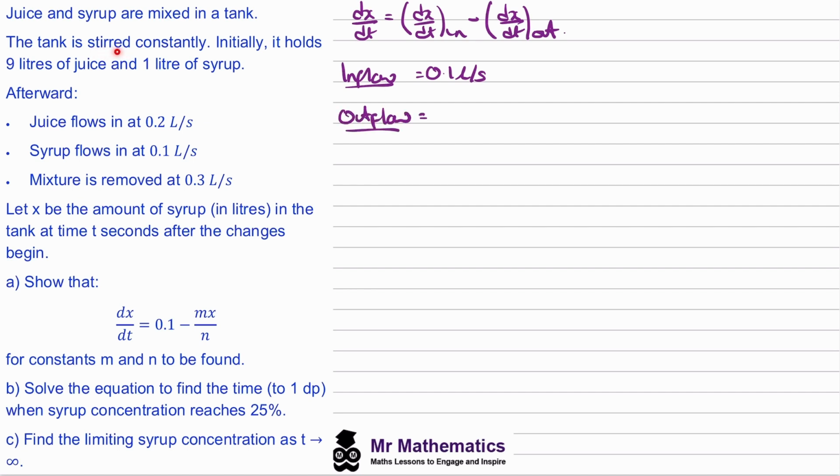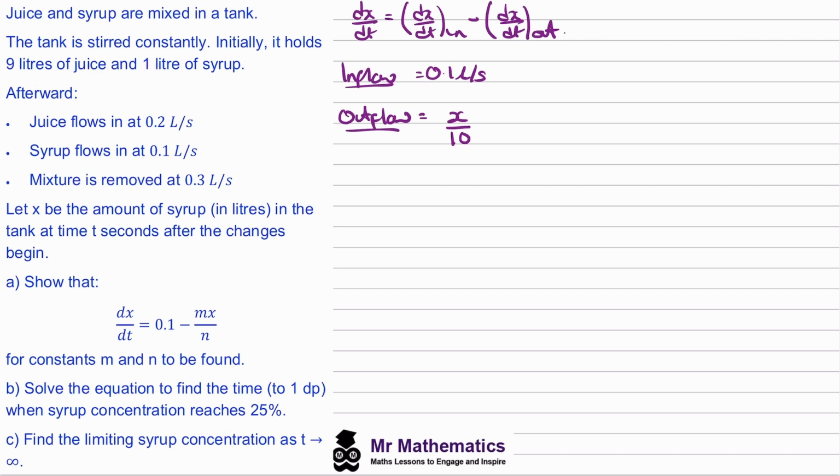because the tank is constantly stirred, we can assume that the syrup is evenly spread. So that at any time, the concentration of the syrup will be the amount of syrup, x, over its total volume, which is 10. So this is the total volume in the tank. This remains constant at 10 litres.